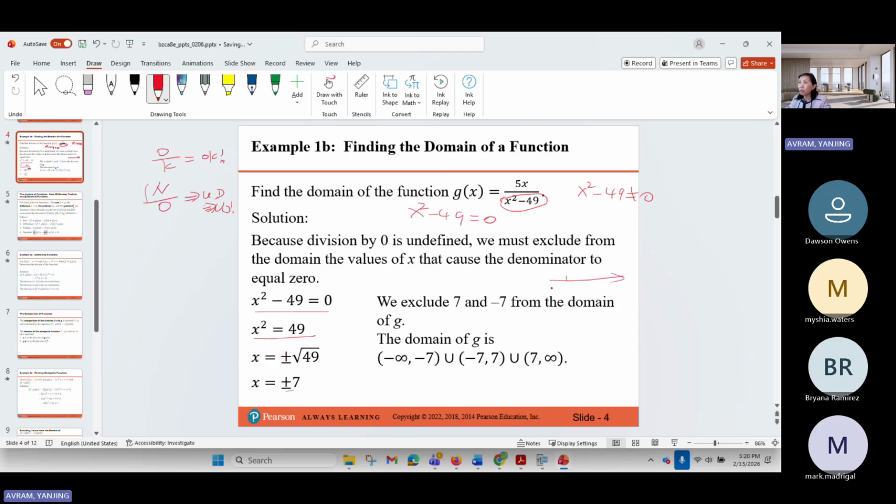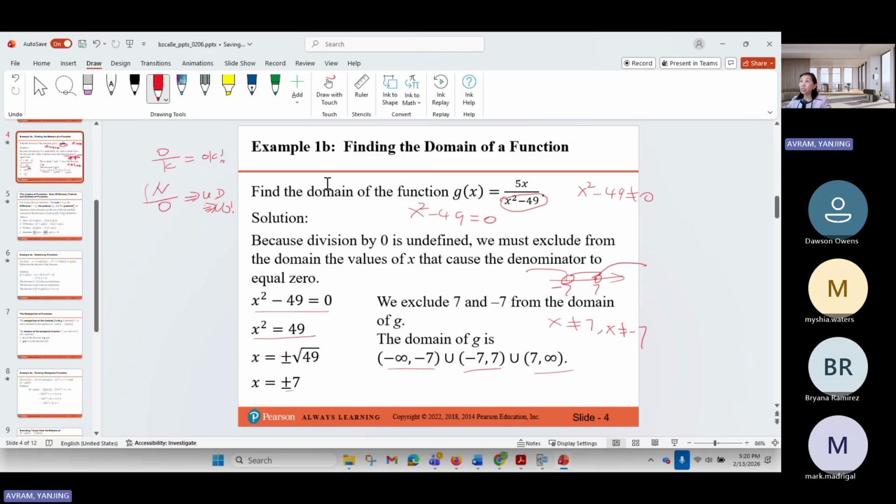So we're going to have to get rid of 7 and negative 7. And then you're going to have 3 intervals in here. Okay. One is negative infinity to negative 7. Another one is in the middle. And then the last one is from 7 to infinity. All right. Because x cannot be equal to 7 or negative 7.